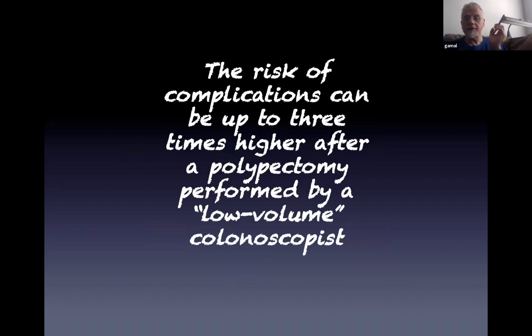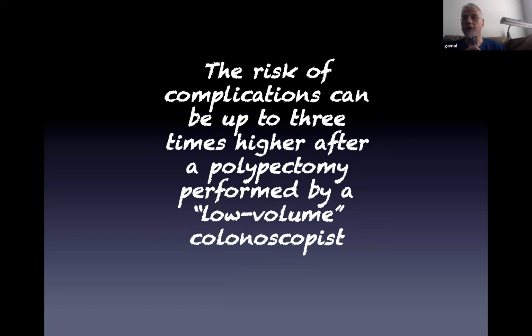Risk management in this case: the risk of complications can be up to 3 times higher after polypectomy performed by a low volume colonoscopist. Here is the low volume colonoscopist. By definition in different authorities, you probably have to be almost at 1900, 2000 colonoscopies that you have done, you should have them in your bag, in your pocket, to be in the category of high volume colonoscopist.